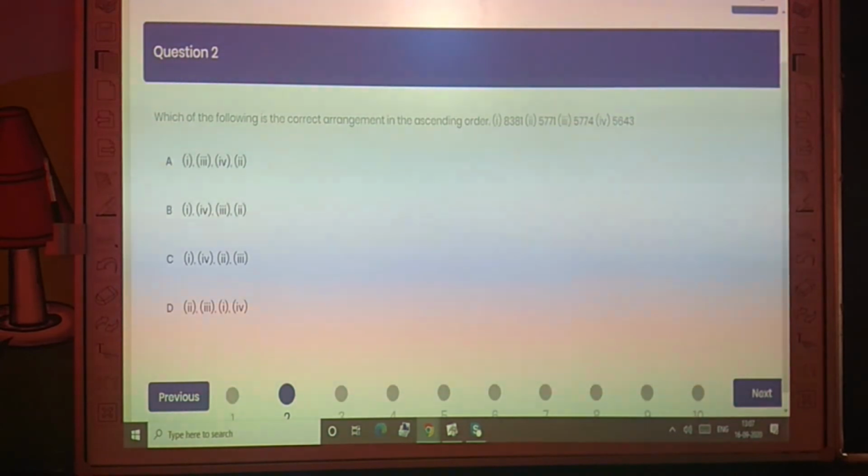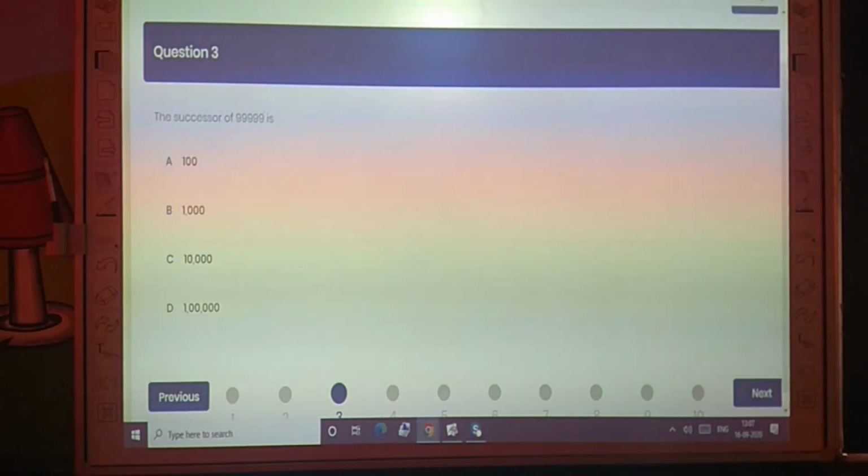Option A, 1342, option B, 1432, option C, 1423, option D, 2314. Third one, the successor of 99,999 is option A, 100, B, 1000, C, 10,000, D, lakh.